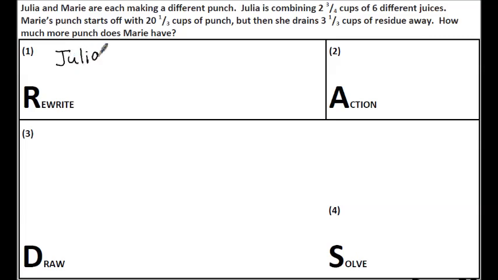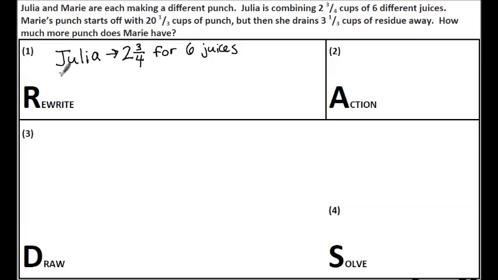So Julia's punch, we are combining 2 3/4 cups, and we have 2 3/4 cups of juice. So there's 6 different juices that we have 2 3/4 cups of.